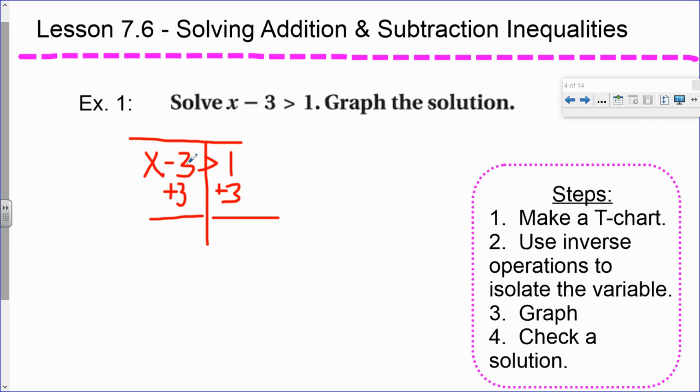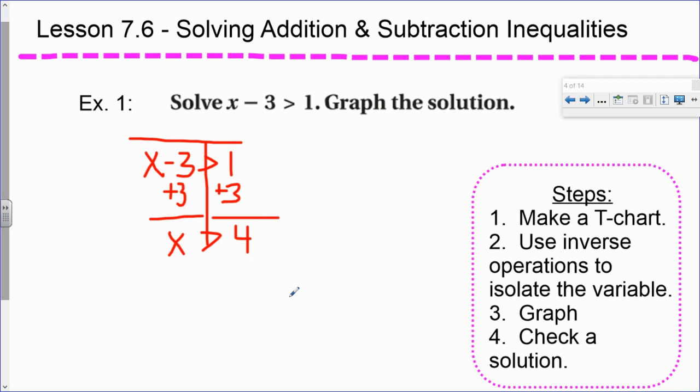The subtracting 3 and adding 3 are opposites of each other, so they give you 0. What's still left over is your x, your variable. We still have our inequality symbol. And over here, we have 1 plus 3, which is 4.